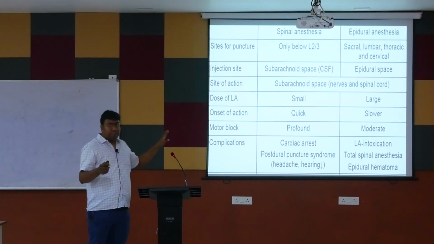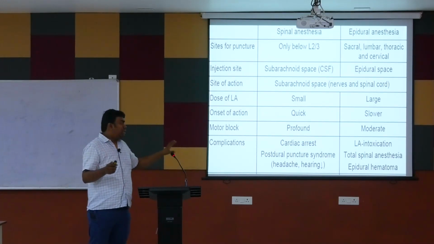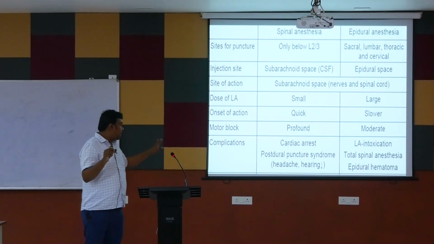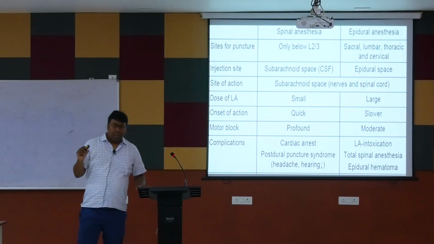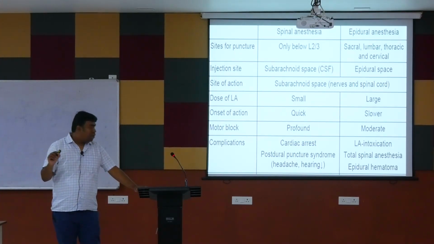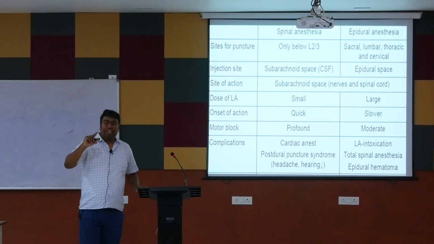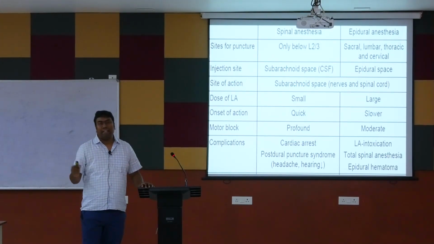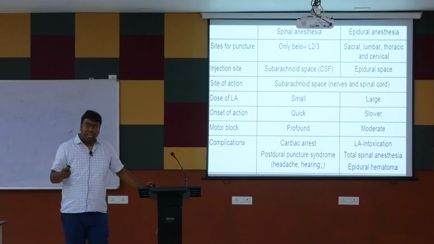With the subarachnoid space, we require less drug, but it can produce cardiac arrest and postdural headache. Whereas epidural can become a total spinal anesthesia, and another side effect is epidural hematoma.